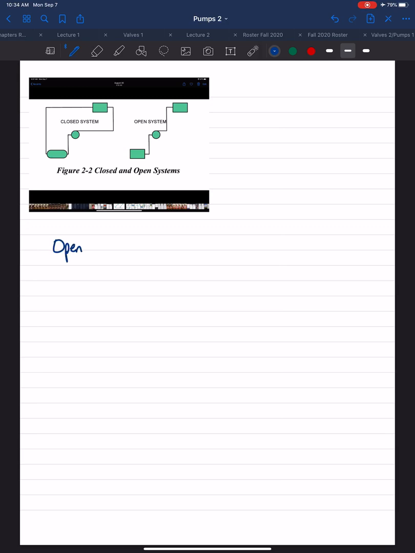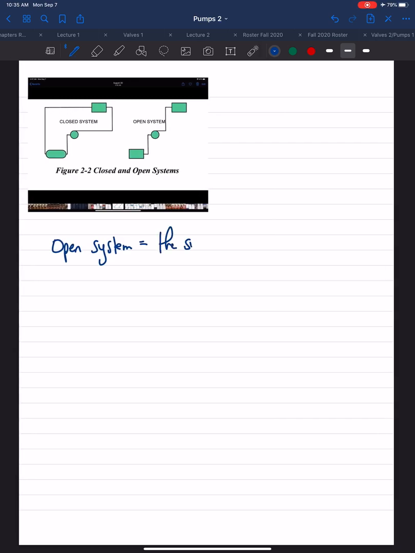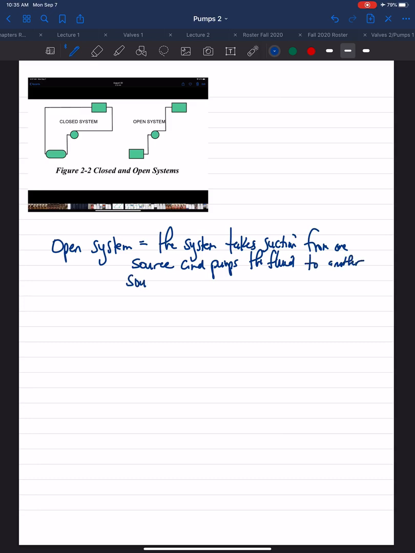An open system we define as where the system takes suction from one source and pumps the fluid to another source, whereas a closed system is isolated from the environment.